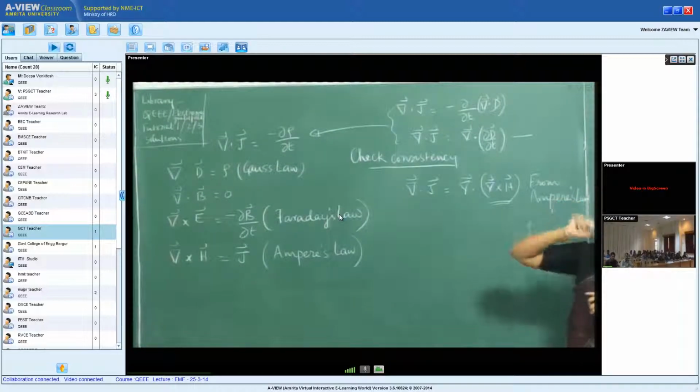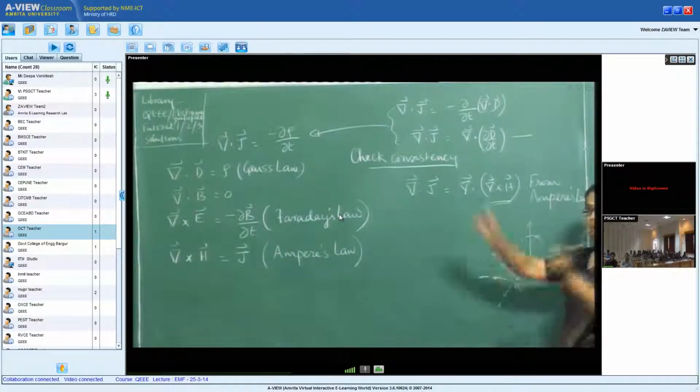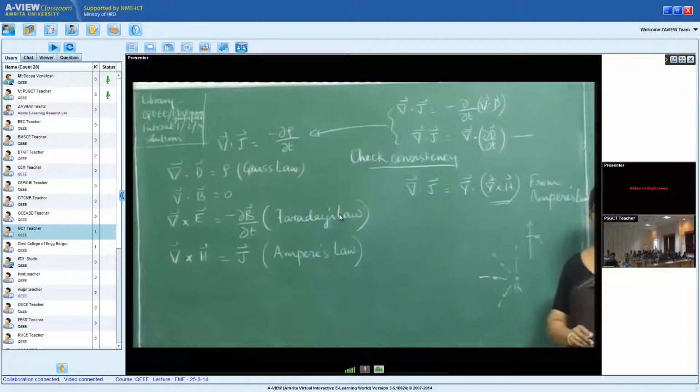And what does divergence represent? You remember we said I have a charge Q, and the electric field is spreading out, that is divergence. So a rotating vector is never diverging.